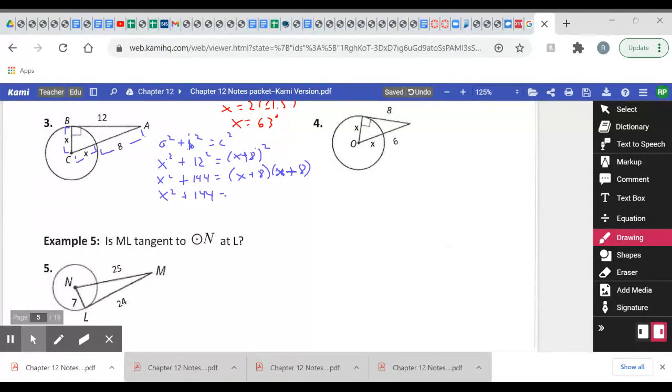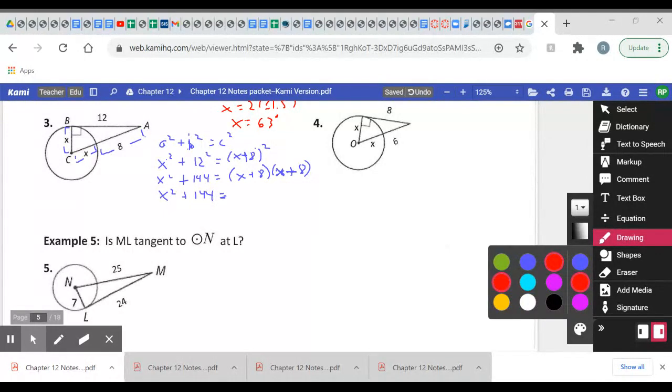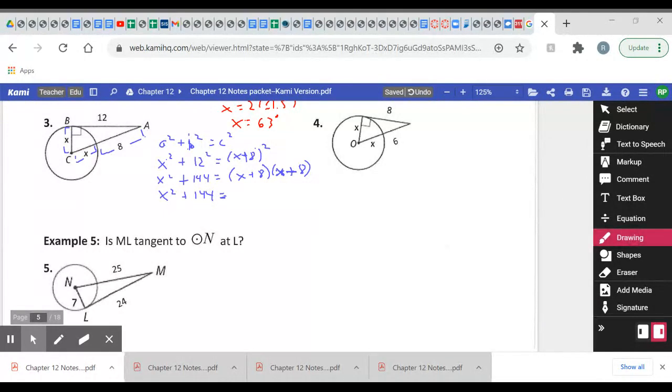So once I do that, I need to go ahead and FOIL, which is what most people learn this as. Some people learn it just as multiplying two binomials, or FOIL: first, outside, inside, last, where I'm going to multiply these two terms. X times X gives you X squared. X times 8 is 8X. 8 times X is 8X. And 8 times 8 is 64.